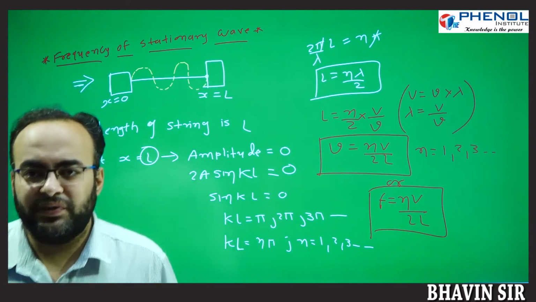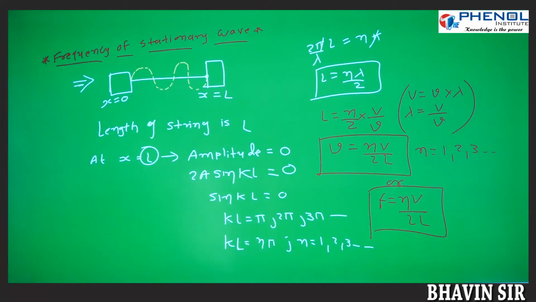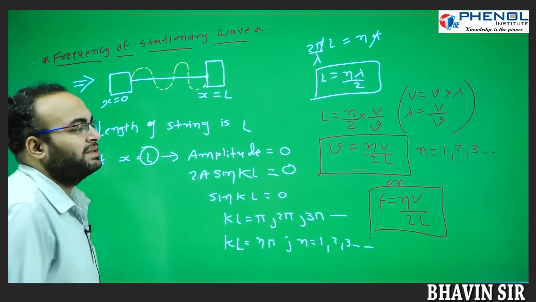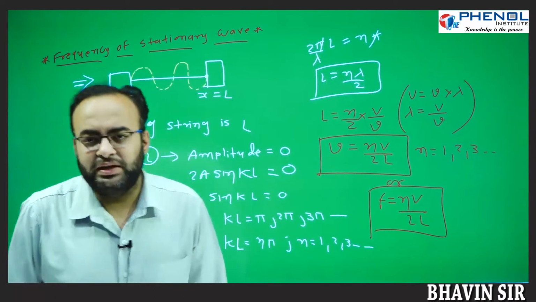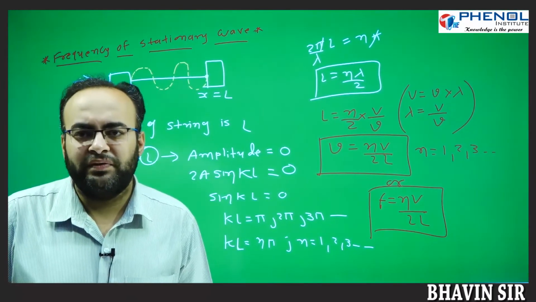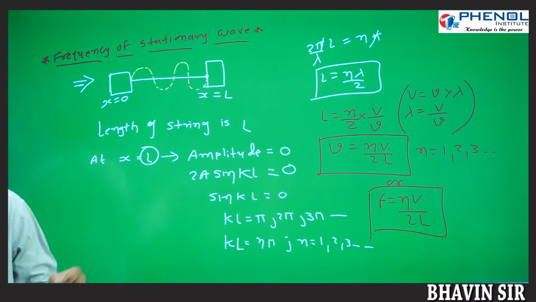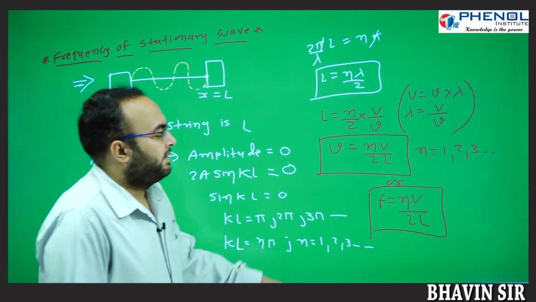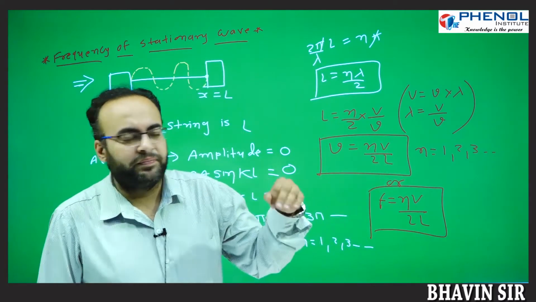So students, what is the frequency of a stationary wave? Frequency of a stationary wave is given by n v by 2L. And the length of a string in the case of a stationary wave is n lambda by 2, and frequency is n v by 2L.